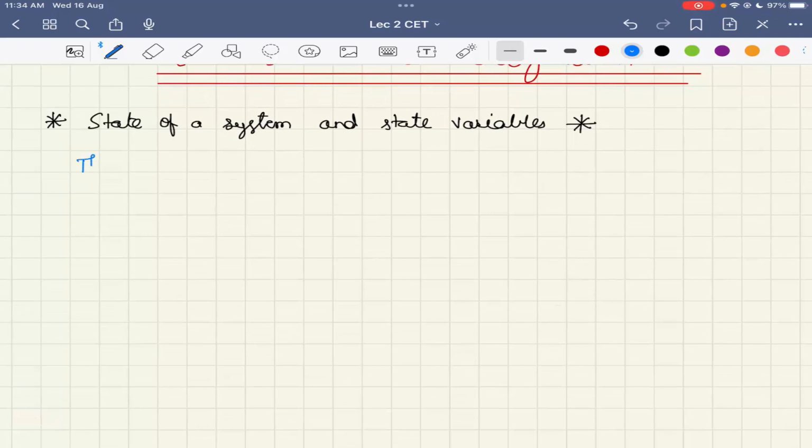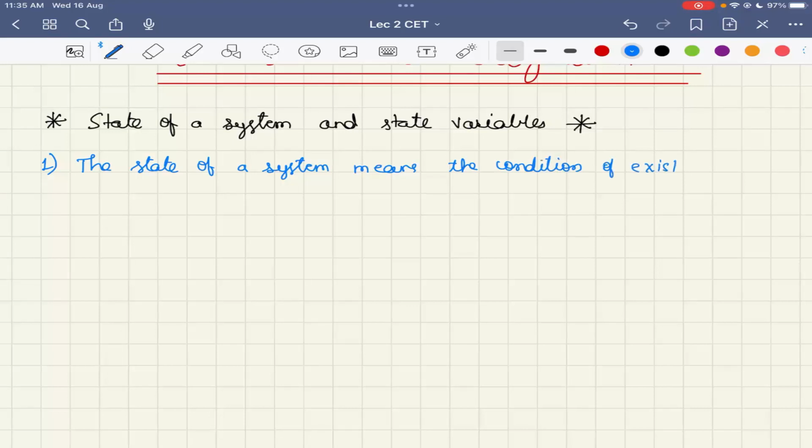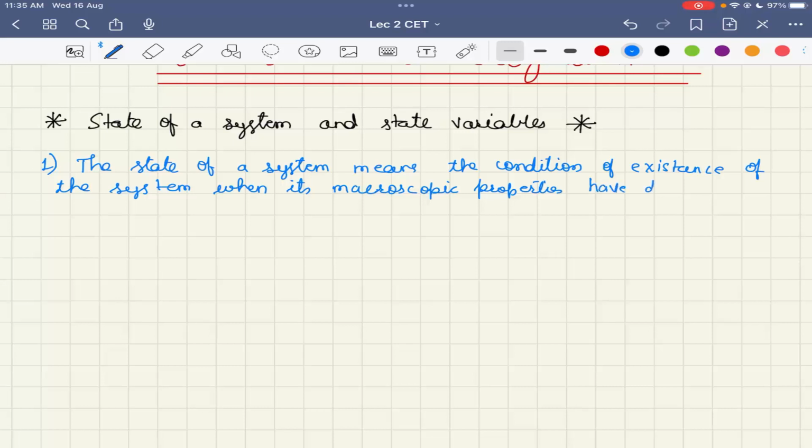The state of a system means the condition of existence of the system when its macroscopic properties have definite values, right?